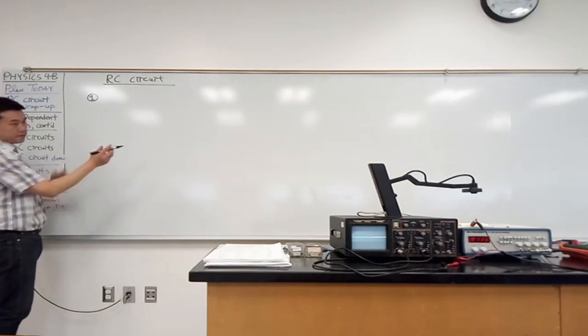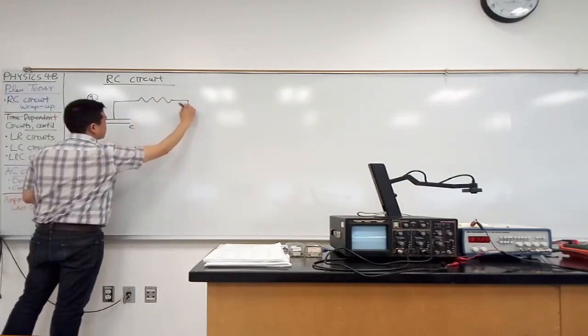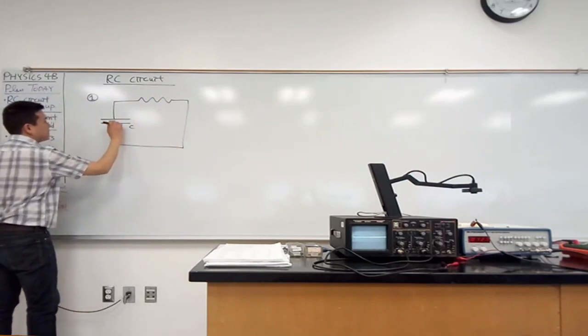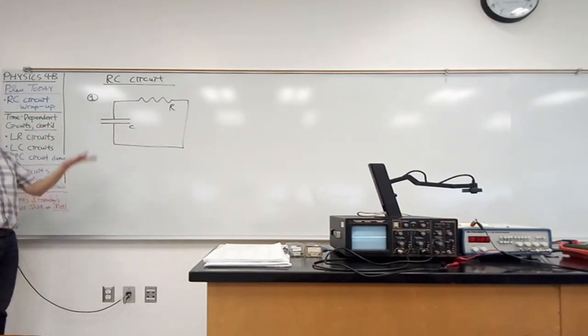So I could build an RC circuit this way, where I have a capacitor and a resistor and nothing else, right? I mean, you can build this circuit. But you wouldn't get anything interesting out of this circuit because there's no battery there, nothing.